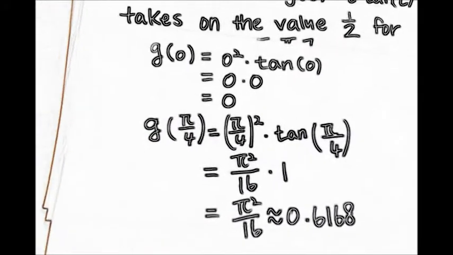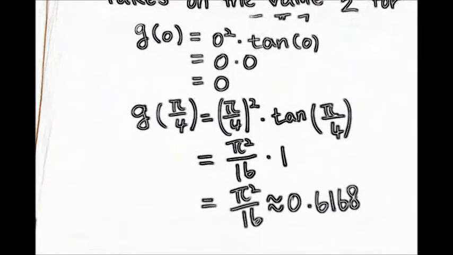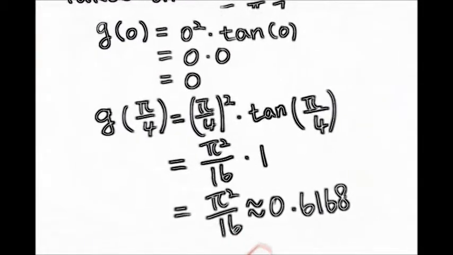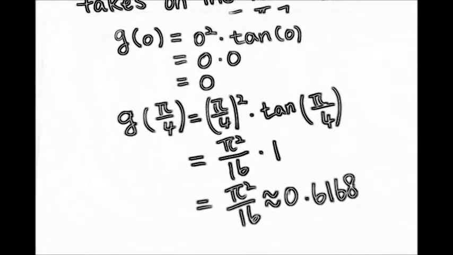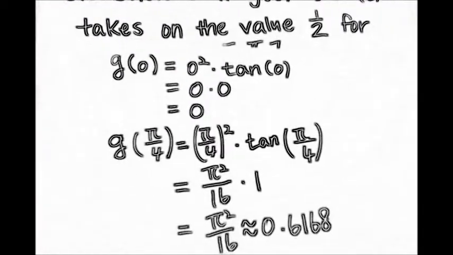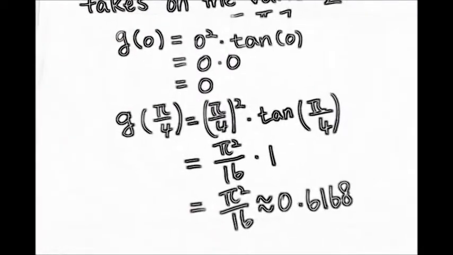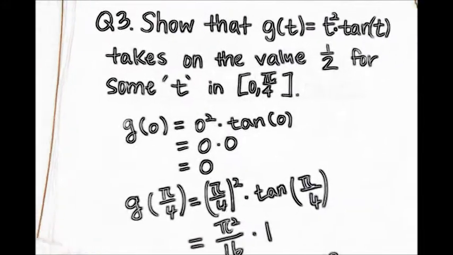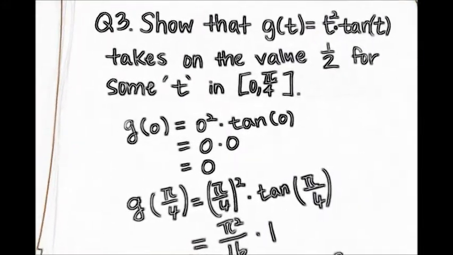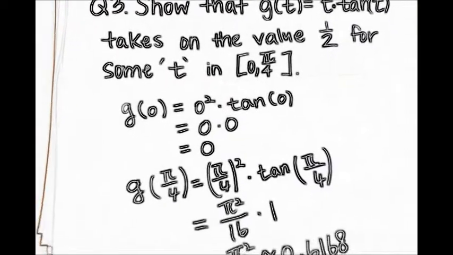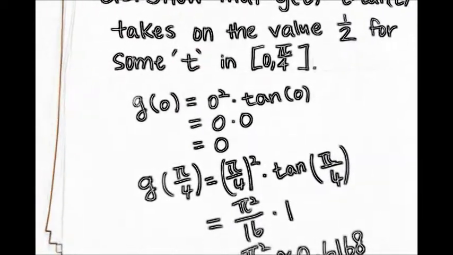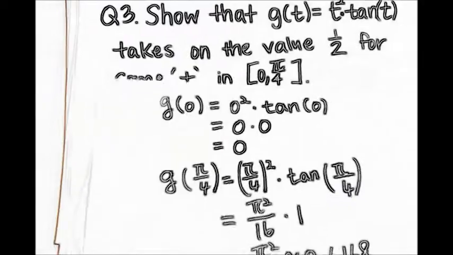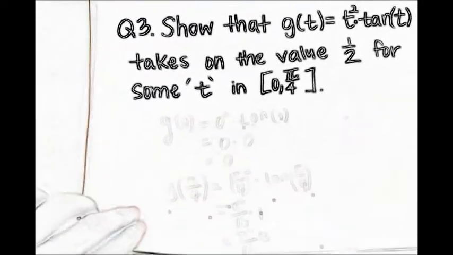Because g of 0 is 0 and g of pi over 4 is approximately 0.6168, and since 1 over 2 lies between 0 and 0.6168, we can conclude that the special value t that yields 1 over 2 does lie in this interval between 0 and pi over 4. True. Mystery solved.